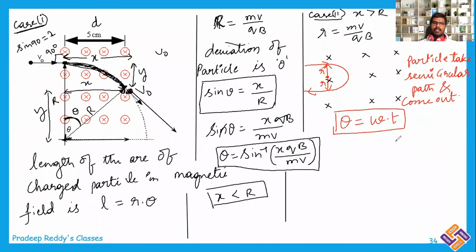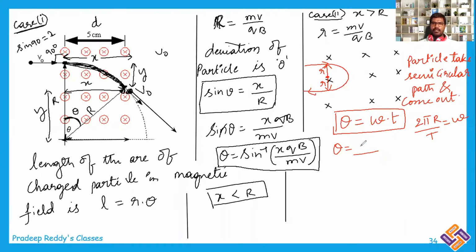Omega is 2 pi divided by capital T. It's not 2 pi here, I'm sorry, because it is making only half of the complete circle.